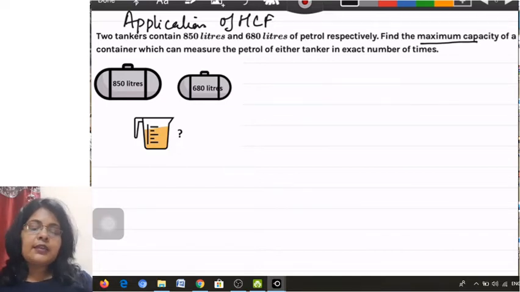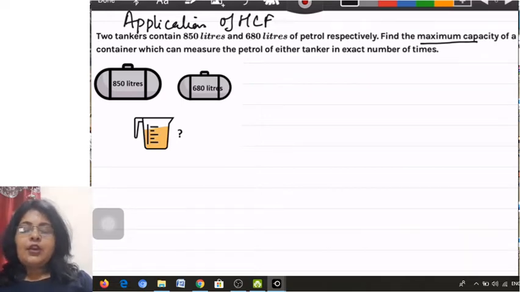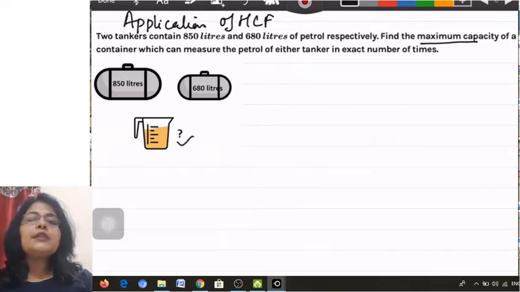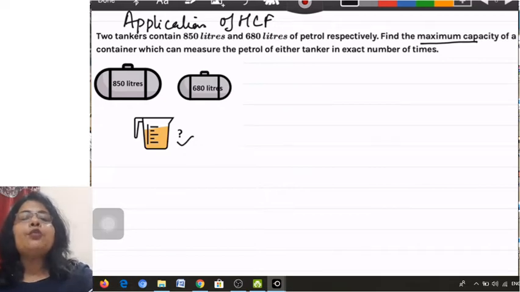Suppose a tanker is there whose capacity is 850 and 680. We have to find the maximum capacity of a container which can measure the petrol of either tanker. Suppose this is a container. How many containers will it require? Let me give you one example. If you want to fill a bottle of 1000 milliliters, will you pour it 1000 times?